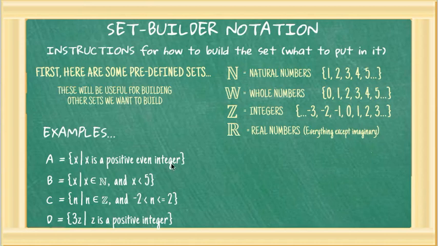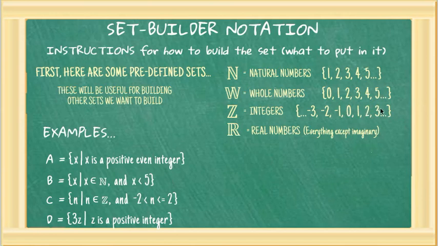Okay, so, well, what does that mean? Let's maybe start with integers. So that's negative 3, 2, 1, and 1, 2, 3 positive. But it has to be positive. So that means 1, 2, and 3 to the right. Okay, 0 is not positive or negative. So it has to be positive. So it's going to be 1, 2, 3, 4, 5, etc. to the right. Now it has to be even.